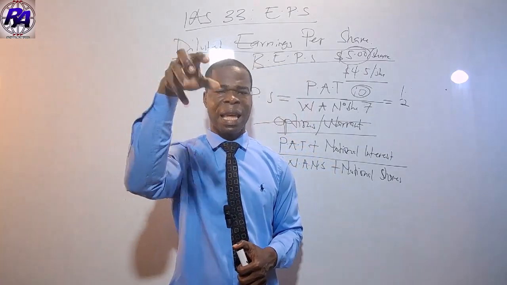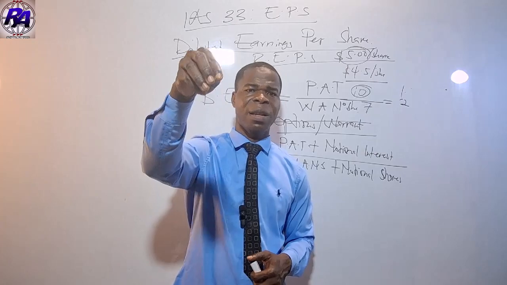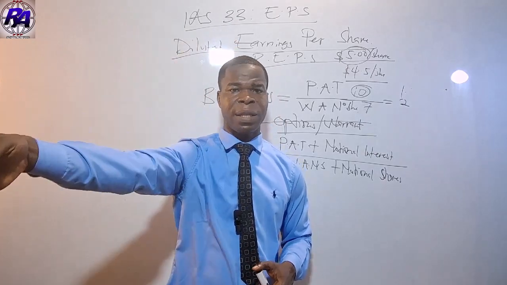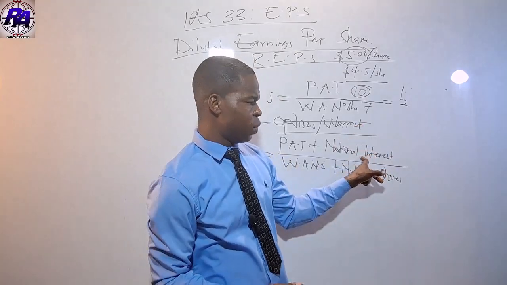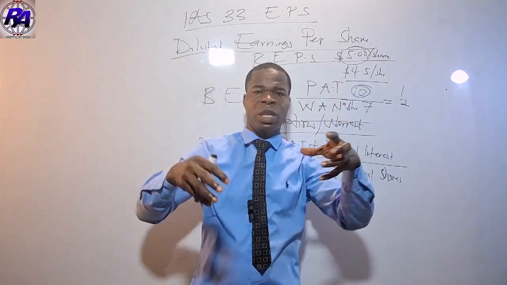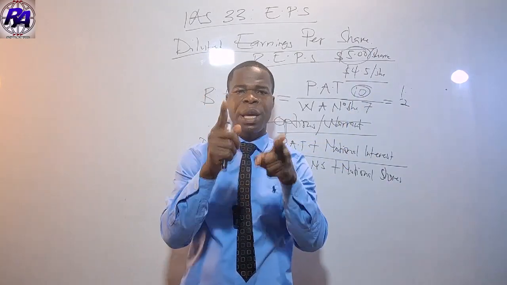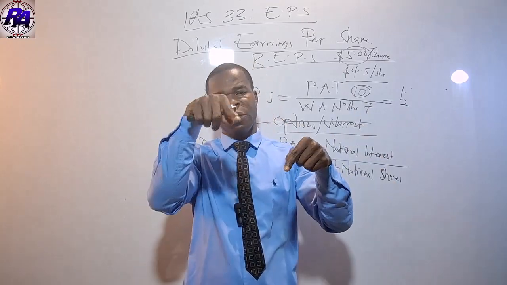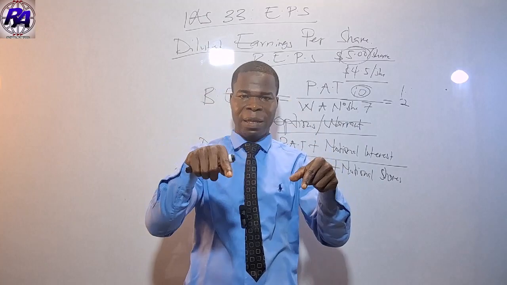That means it's a liability. And anything that is a liability to the entity means the entity pays some form of interest on it. Once you convert those loans into ordinary shares, you cease to pay interest on that particular loan or liability.